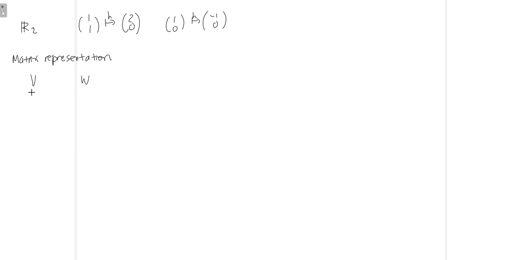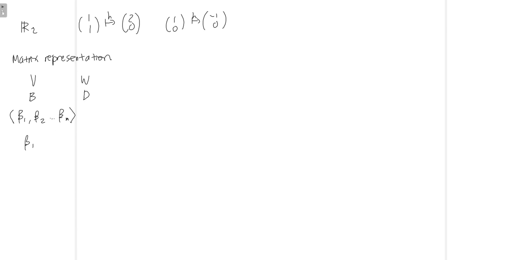Let's call the basis of V, B, and the basis of W, D. What we define as the representation of the map is this: taking each vector inside the first basis, we're going to project it onto the other one.